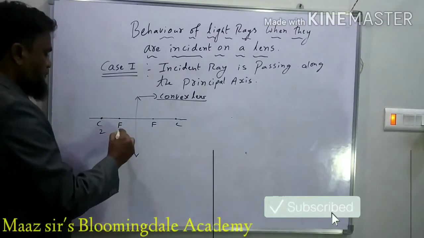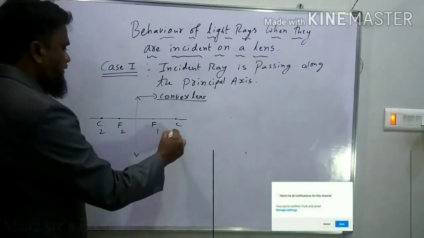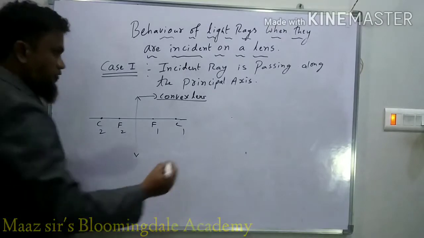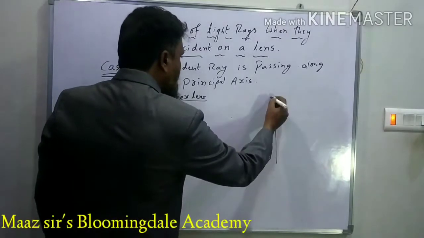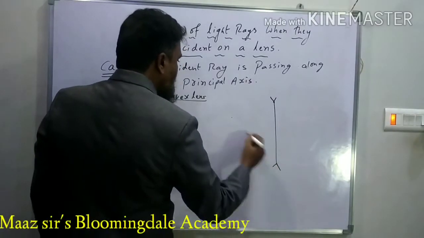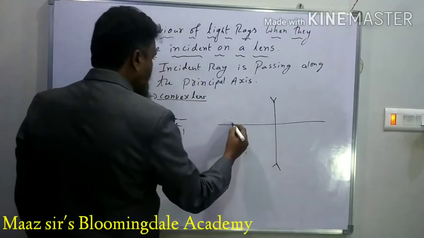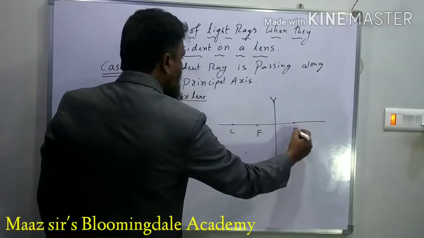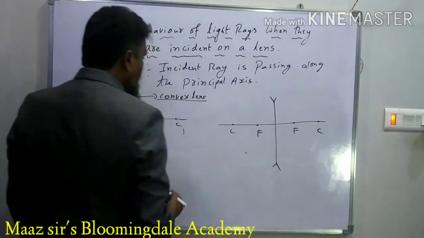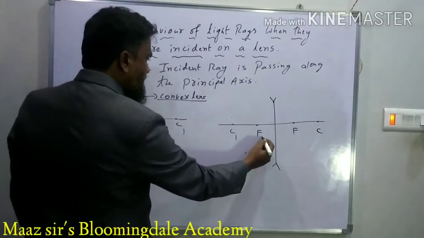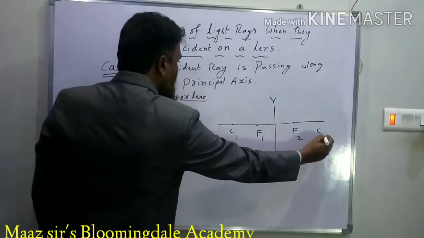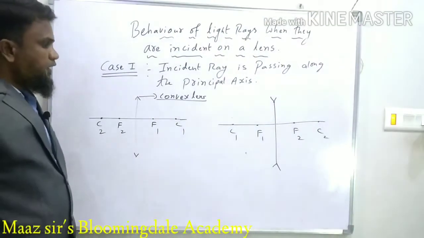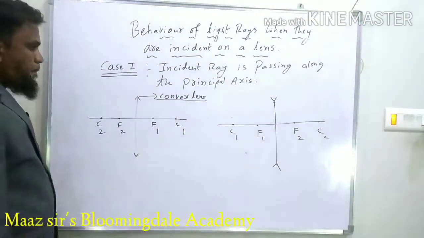So this is C2, F2, F1, C1 for a convex lens. For a concave lens we have to take C, F, F, C. So here this is C1 and this is F1, this is F2, this is C2 for a concave lens.